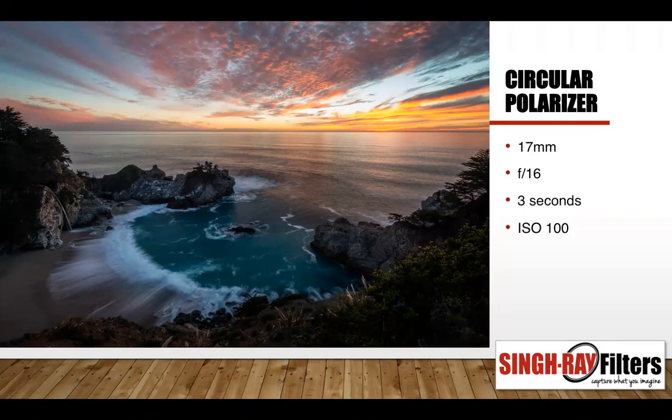I'm able to time my exposure so that I can get those waves breaking and pulling back, so I get some of that action on the beach. The time of day and the amount of light you have makes a big difference in how long an exposure you're going to get.